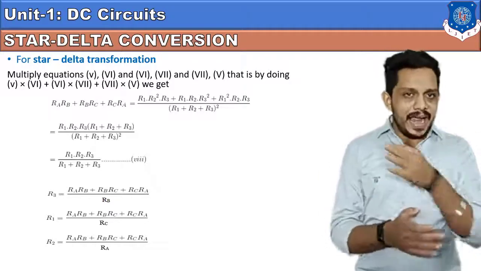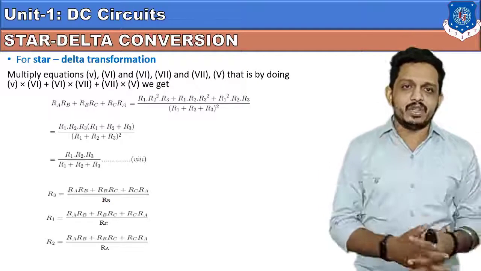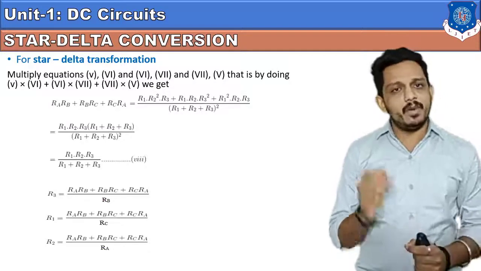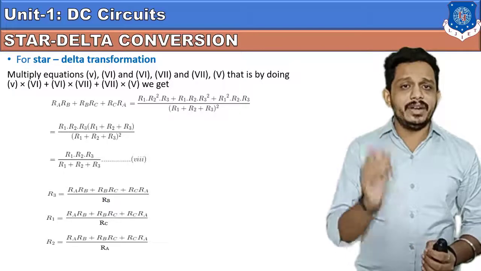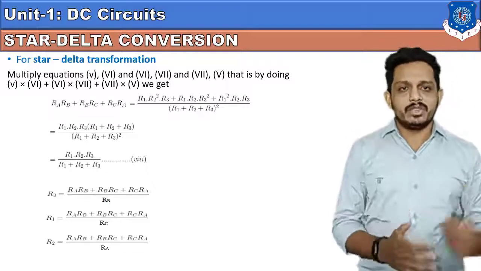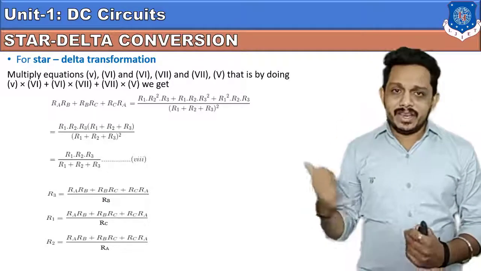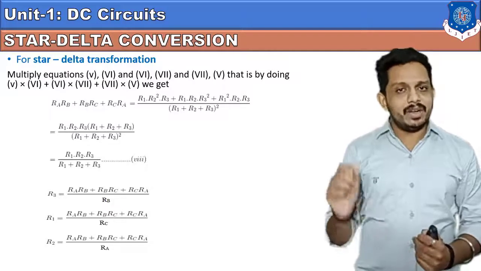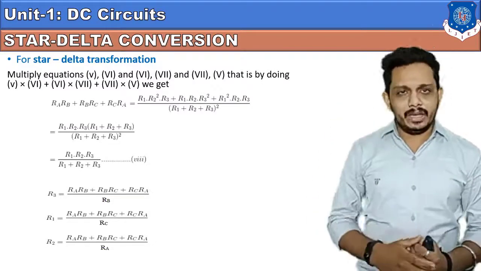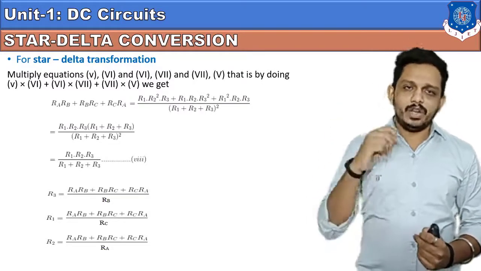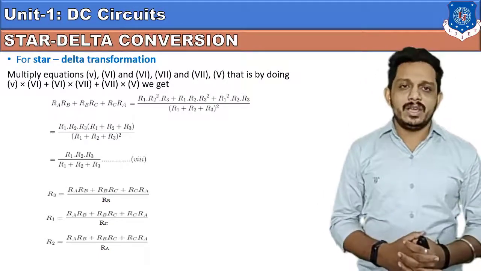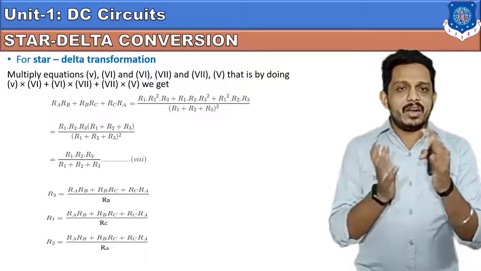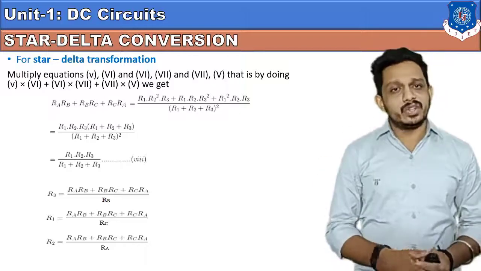And whenever we are adding all those multiplied equations, the LCM will be common. The denominator is taken as the LCM, so it will be (R1 + R2 + R3) whole square. In the numerator, the equation will be like this: R1·R2²·R3 + R1·R2·R3² + R1²·R2·R3. So you can see that R1, R2, R3 are available in all these three terms once.